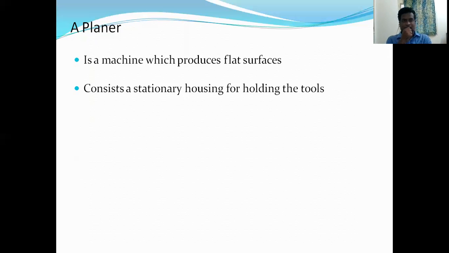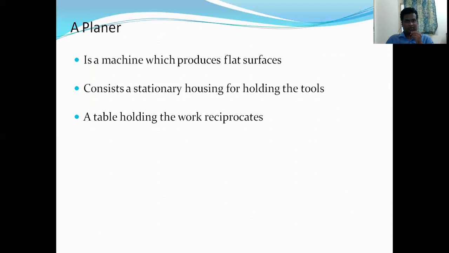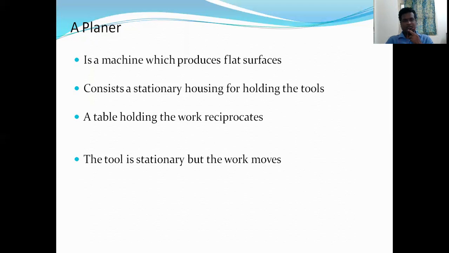Okay, so the table holding the work reciprocates. Here, the table is reciprocated. Understood? We have observed in the animation also. The table holding the work reciprocates, and the tool is stationary, but the work is moving, right?